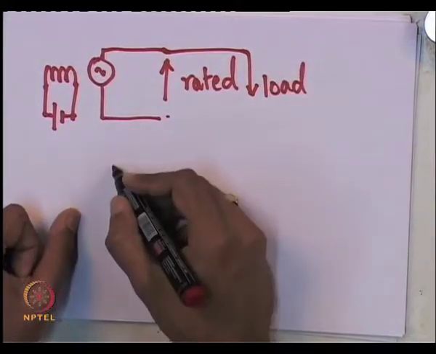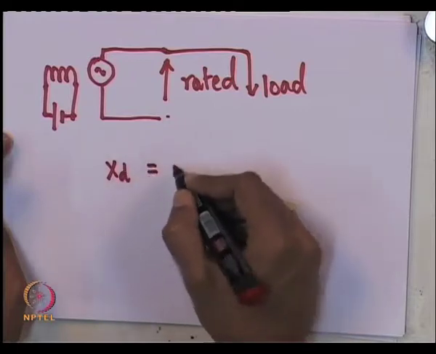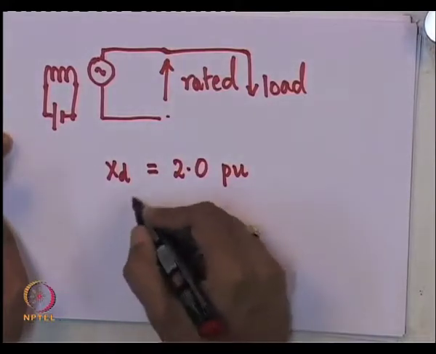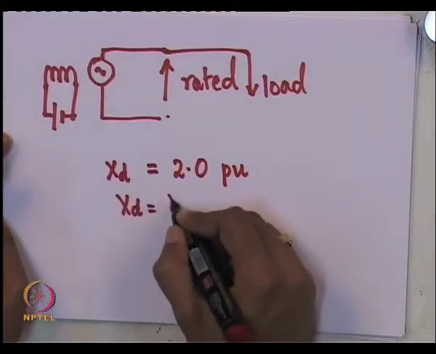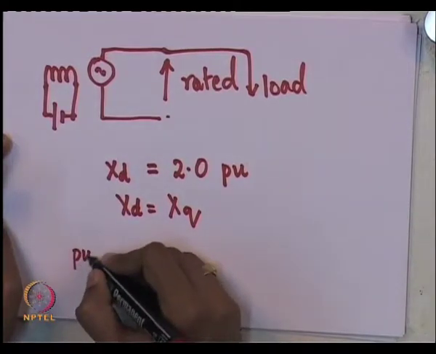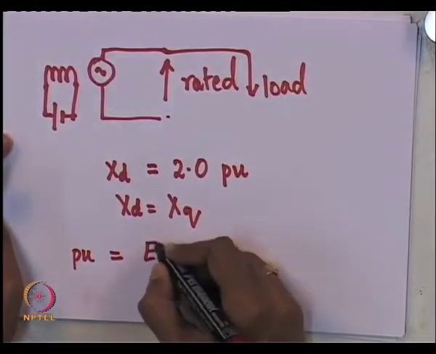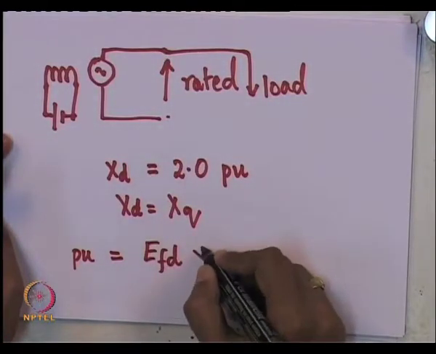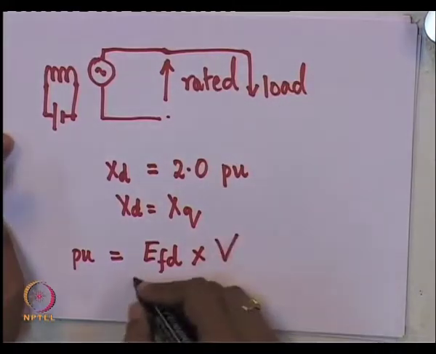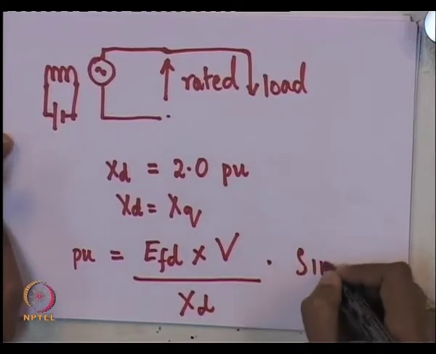For example, a synchronous machine, say with an XD of 2 per unit, and let us say XD and XQ are equal, then the per unit power will be equal to EFD into the voltage at the load divided by XD into sin delta.